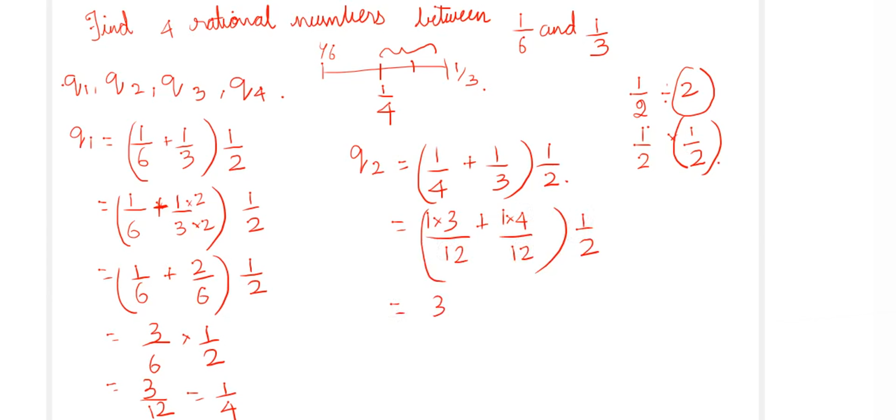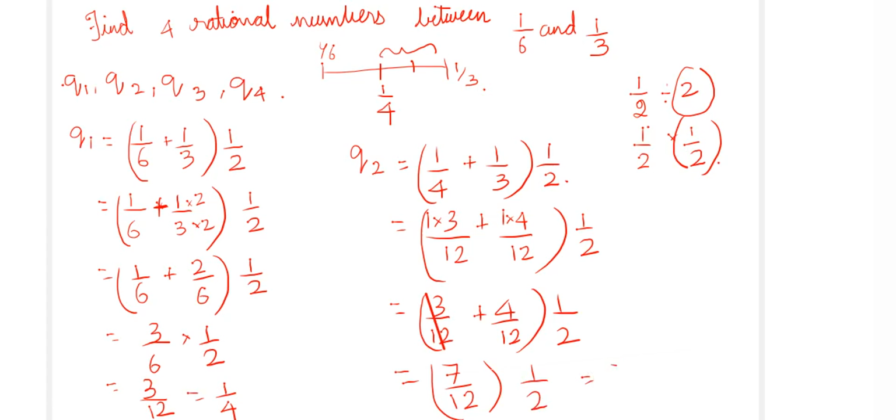So you have 3 by 12 plus 4 by 12, into 1 by 2. This is nothing but 7 by 12 into 1 by 2. So it's 7 by 24, and my number here is 7 by 24.